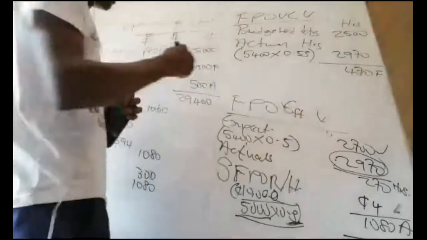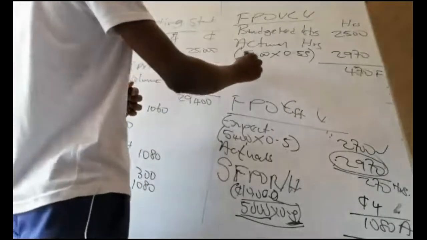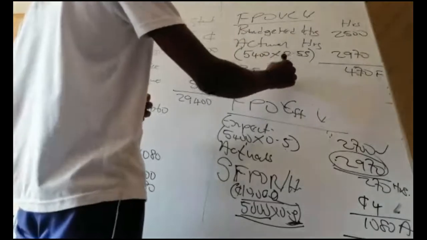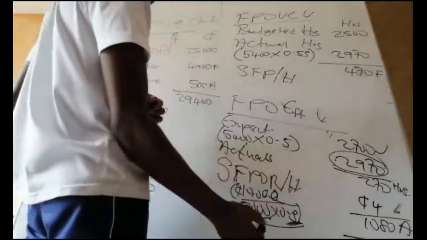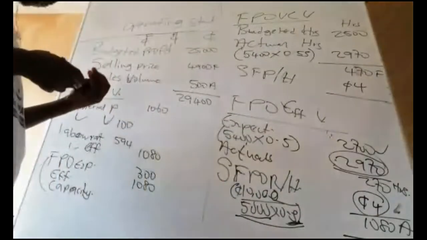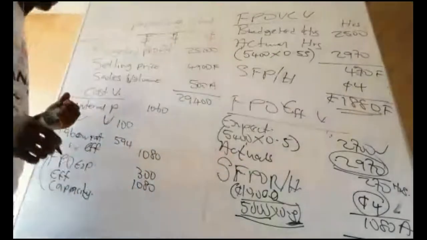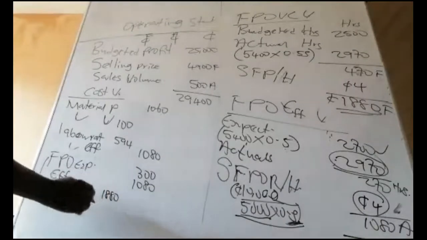Then you multiply it by the standard fixed production rate per hour. That's the 4 Ghana cedis that we calculated. So times 4. Good, favorable. So capacity is 1880 favorable.